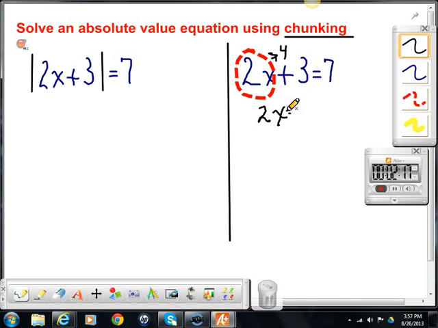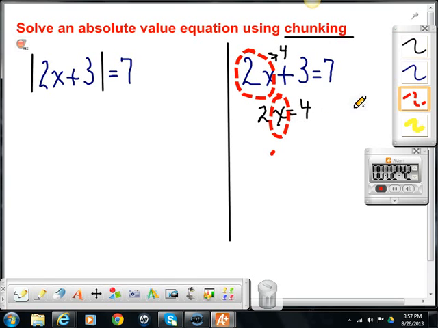So it equals 4. We have not solved for the unknown because we do not have x by itself. So it looks like we're going to look at a smaller chunk, and that chunk is our unknown. 2 times some number is 4.